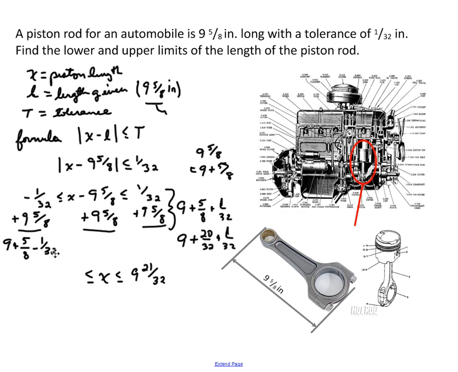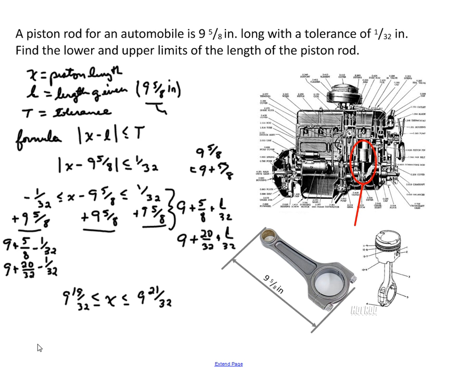We've already partially done the work right here. 5/8 is the same thing as 20/32, and we're taking away 1/32 of an inch. 20 minus 1 over 32 is the same thing as 19/32. So in fact, we've got 9 and 19/32 as our lower limit.